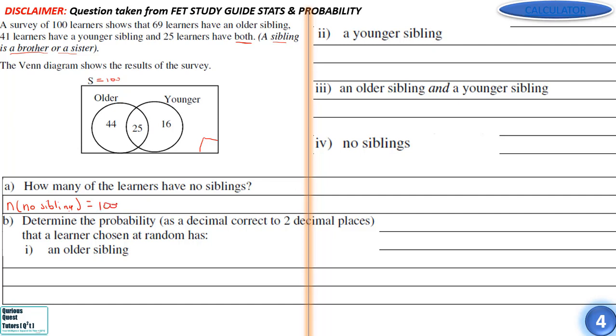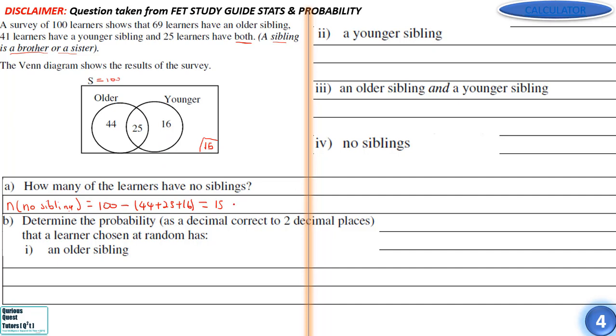So I'll say 100 minus the sum of 44 plus 25 plus 16 to get the number of the people that do not have any siblings. When you do that, you end up with 15, which means here we must put 15. So that would be a complete Venn diagram in that sense.